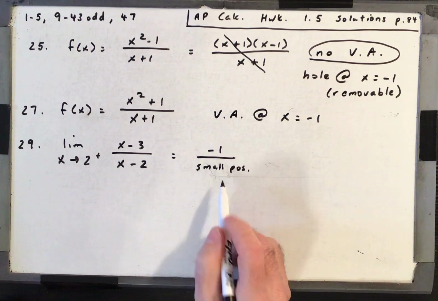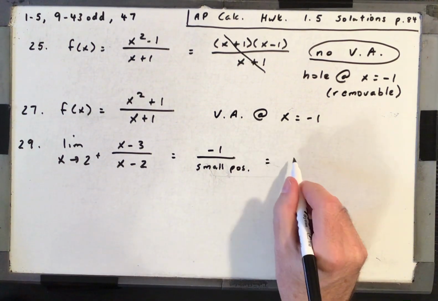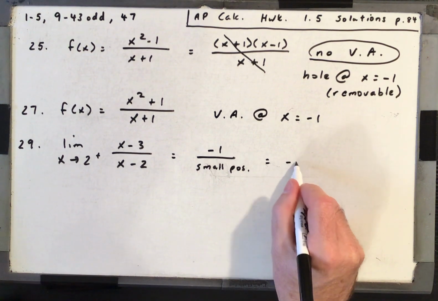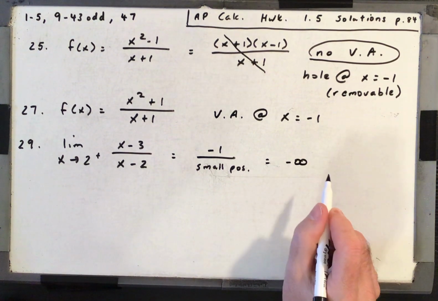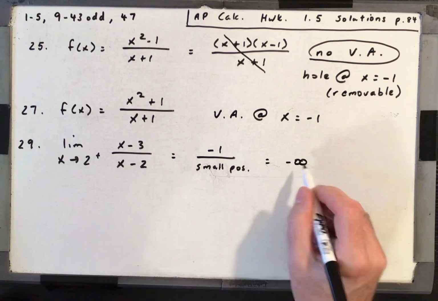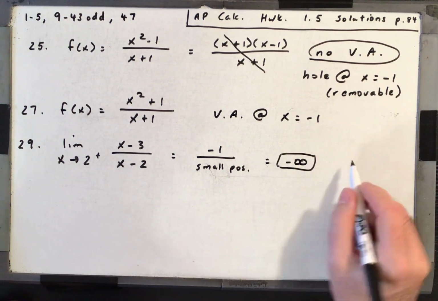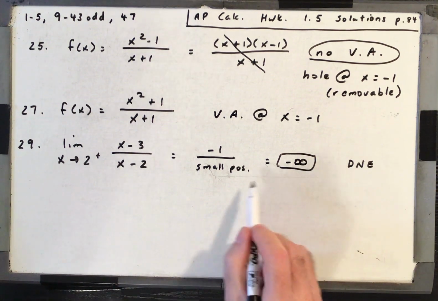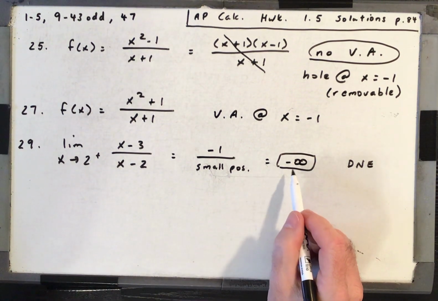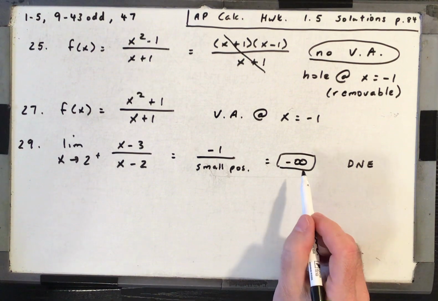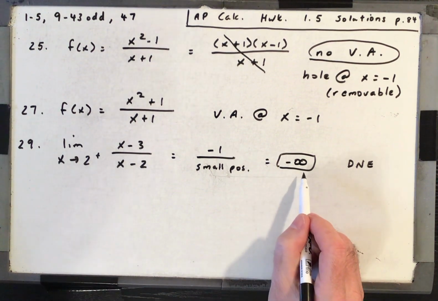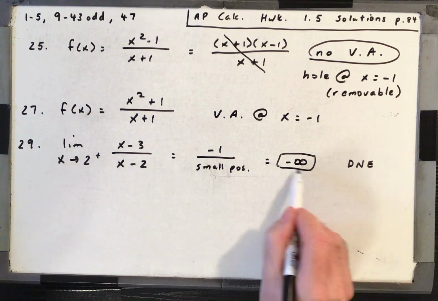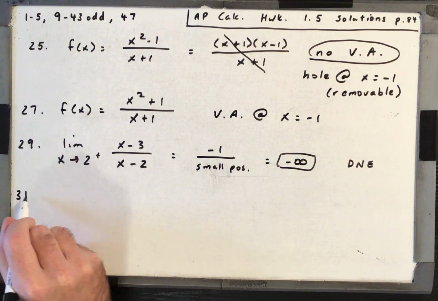So negative 1 over a small positive would be negative infinity. Now, again, that does not exist. The negative infinity just gives you some information about the graph, the direction that the graph is going. So it does not exist, but this is additional information.